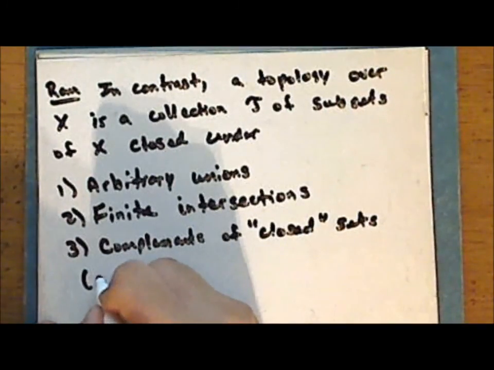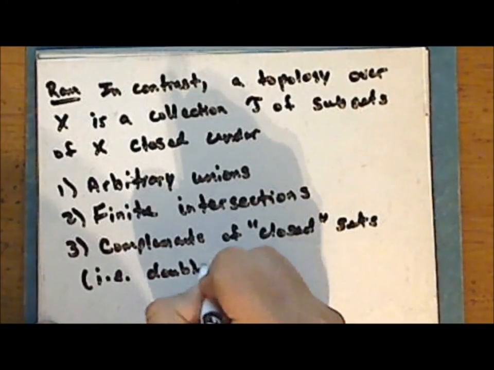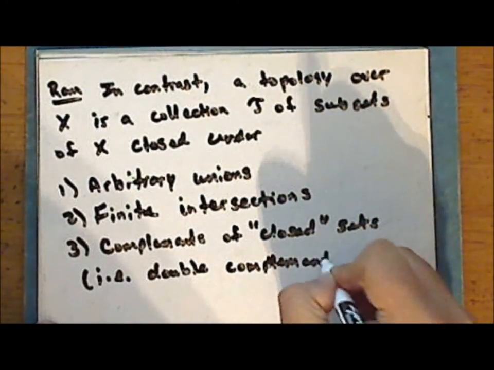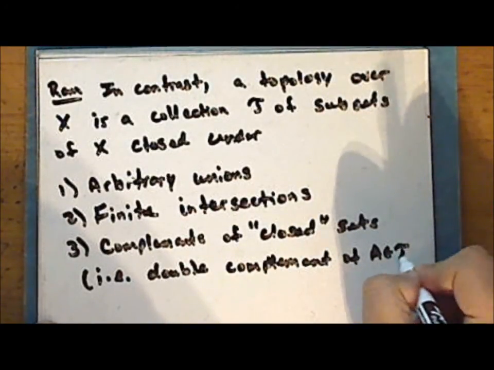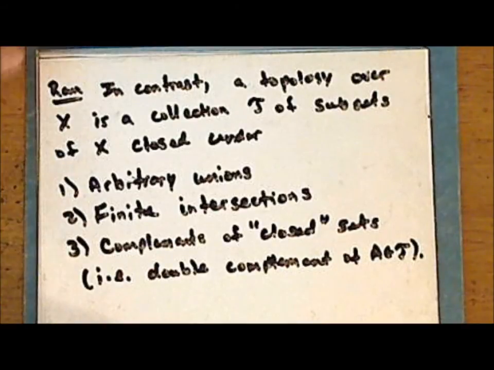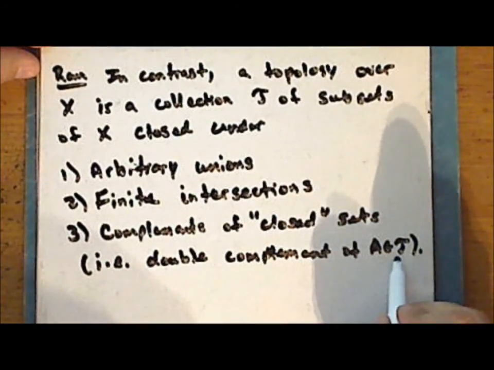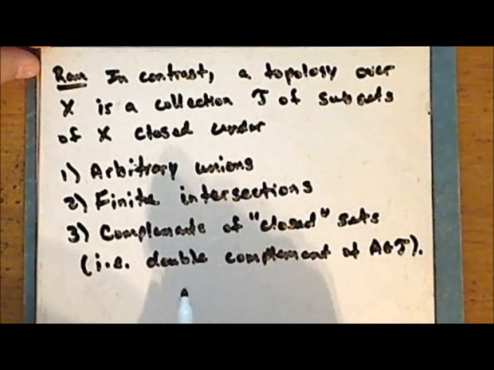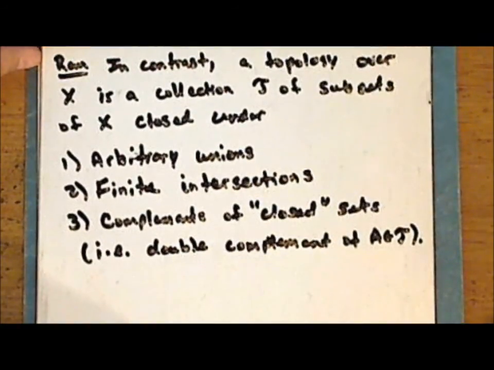And by this we mean it's closed under the double complement of the subsets in the collection tau. So the complement of a set in the collection tau is called a closed set because the topology is closed under the complement of those sets.